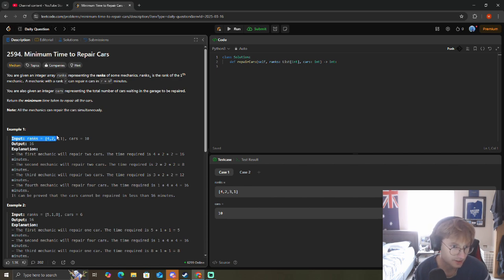So these are our mechanics here, right? The ranks. And each mechanic can repair cars in R times n squared minutes. So 4 times n squared minutes.